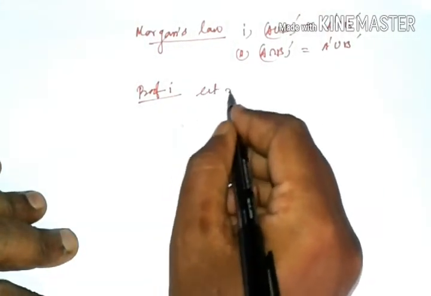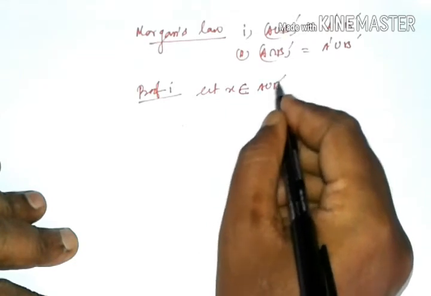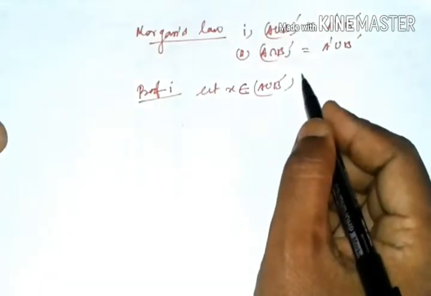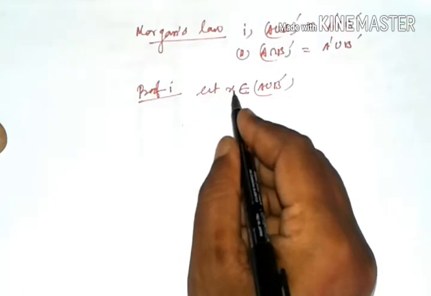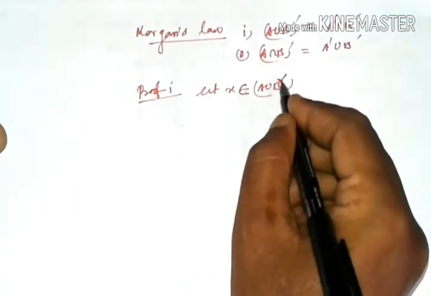Let X belongs to (A union B) dash. Suppose the element X belongs to (A union B) dash.